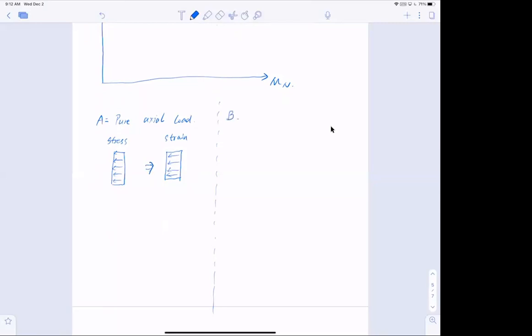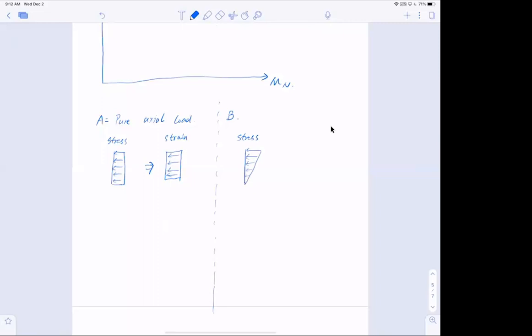Point B. But before I say what is point B, I'm just going to take a look at the stress, right? I started putting bending moment on it, and as I start putting bending moment on it, my stress changes. I will have a compressive stress here, but if I have more bending moment, I have a reduction of compressive stress.